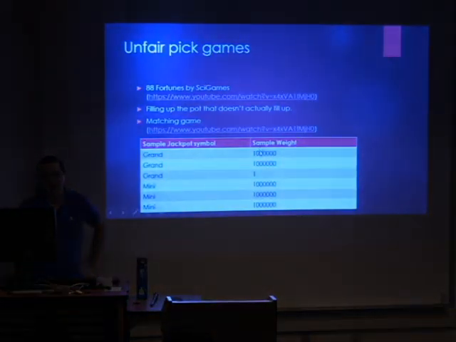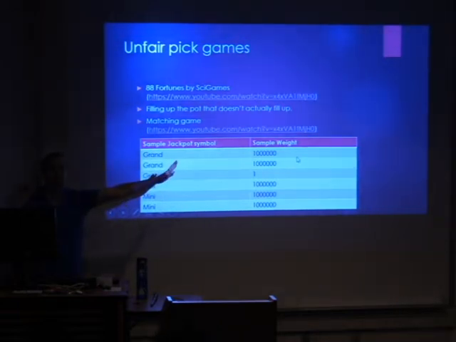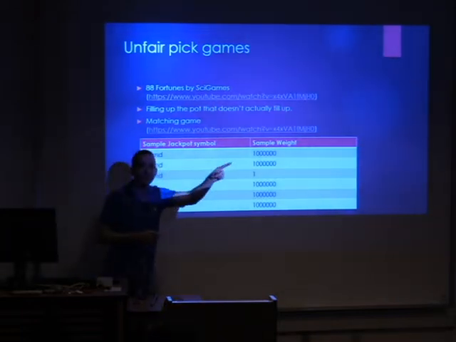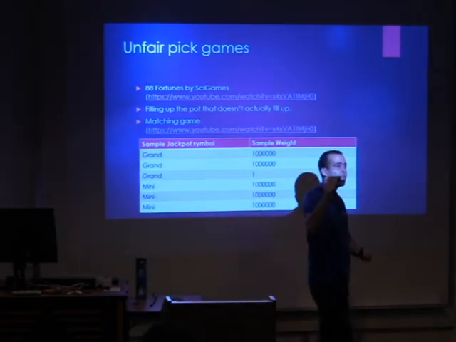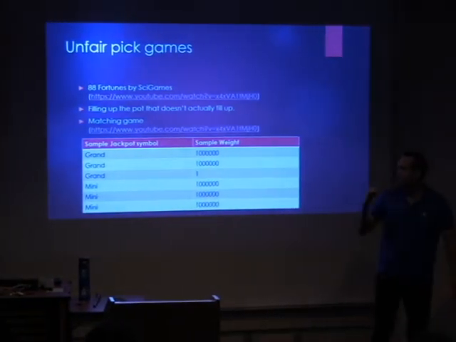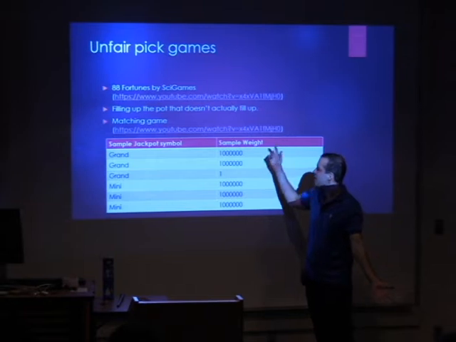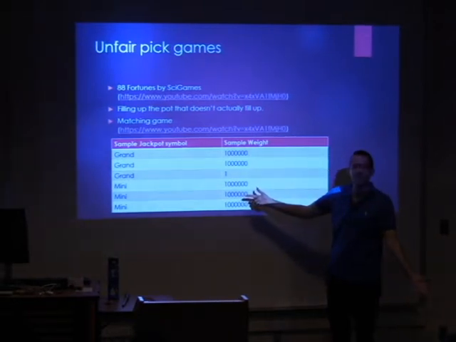And what happens is the math looks something like this. Say we'll look at the grand is that $5,000 jackpot, and the mini is the $10 jackpot. And what happens is every time you press one of those buttons, it pulls from a weighted table. So here, there's about an equal chance of getting a grand and a mini.